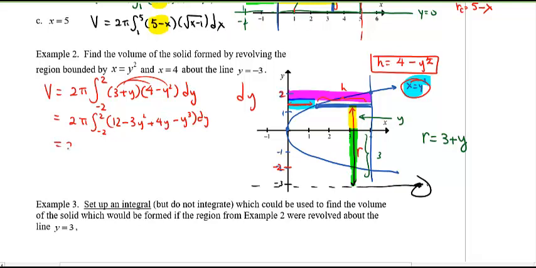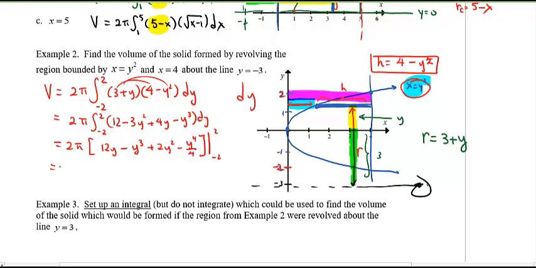Time to anti-differentiate. 12, of course, is 12y. 3y squared just becomes y cubed, plus 4y is, I think, 2y squared. This is y to the power of 4 over 4. And we're going to evaluate this from -2 to 2.